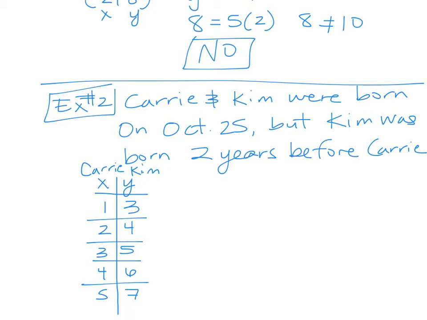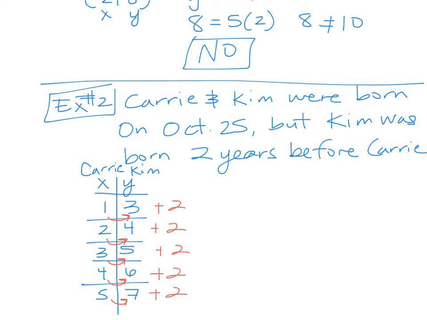Okay. It happens. But what's happening? So here's what you're looking for, okay? What am I doing to Carrie to get Kim? What's happening from one to the other? You're adding 2. Every time you are doing +2, +2, +2, right?